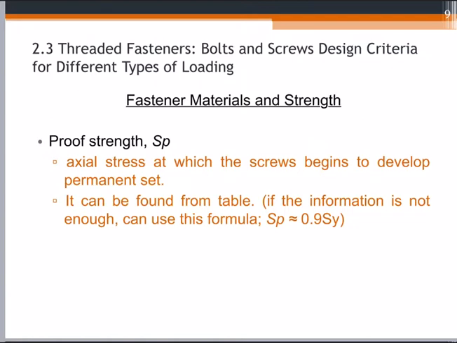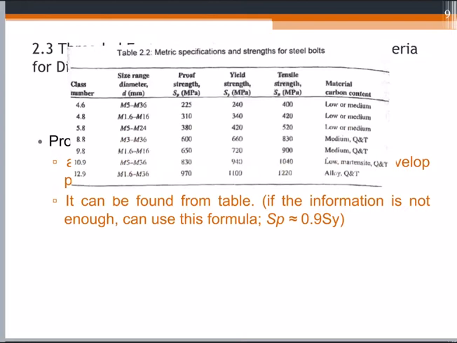Proof strength is the axial stress at which the screw begins to develop permanent set or plastic deformation. It can be found from Table 2.2, metric specification strength for steel bolt. Here you can see the value of proof strength in the third column.